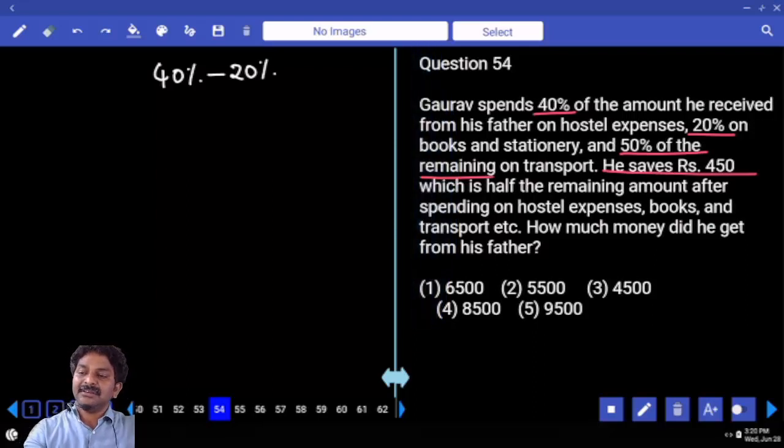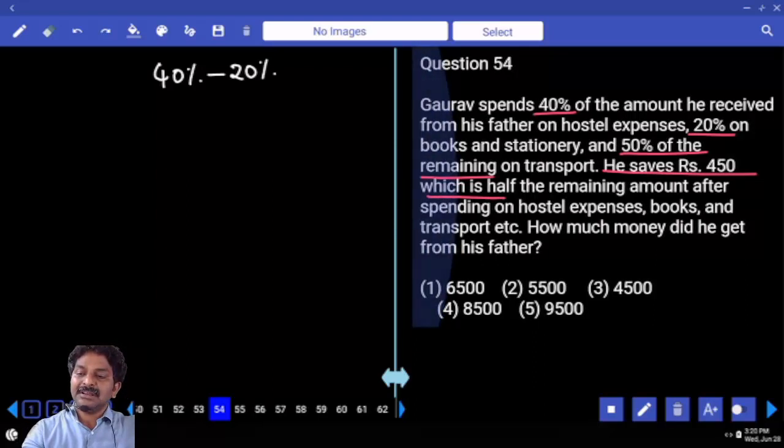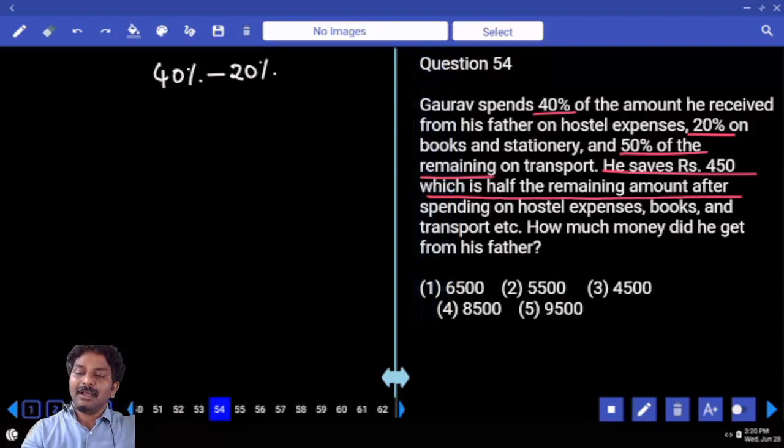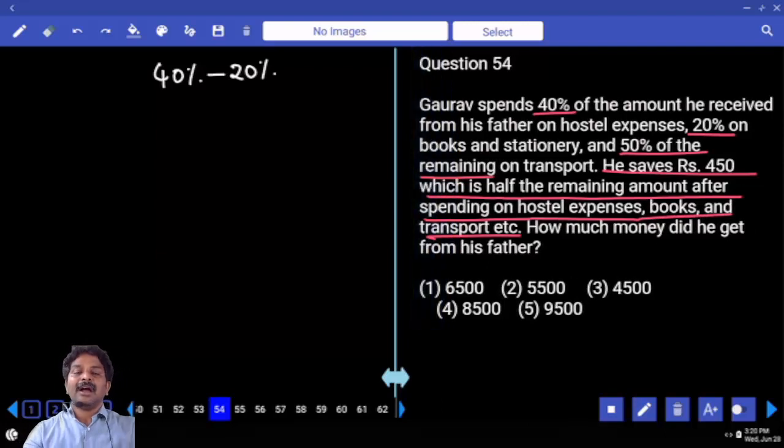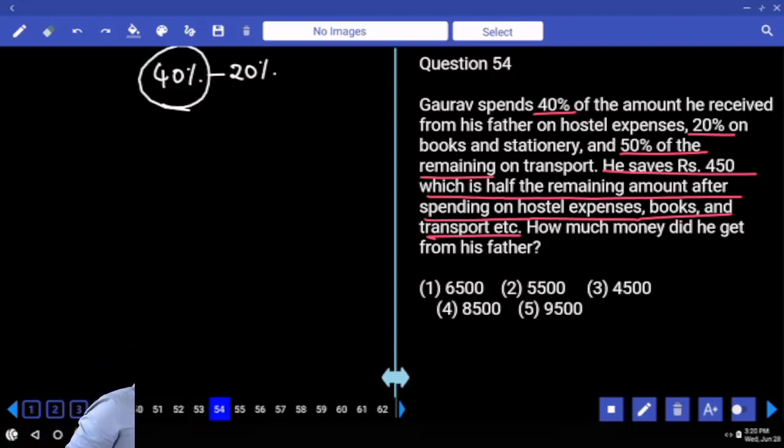He saves 450, which is half the remaining amount after spending on hostel expenses, books and transport. After spending on books and hostel, he is left with 40%.